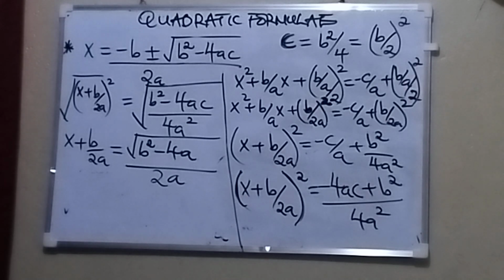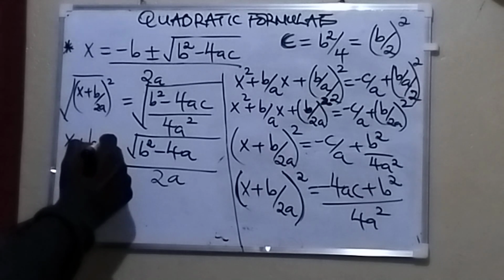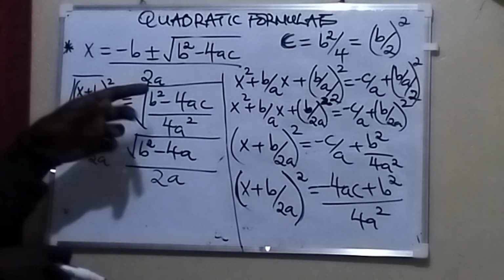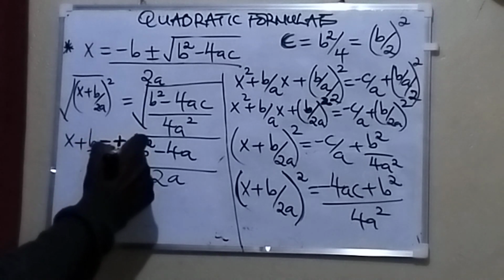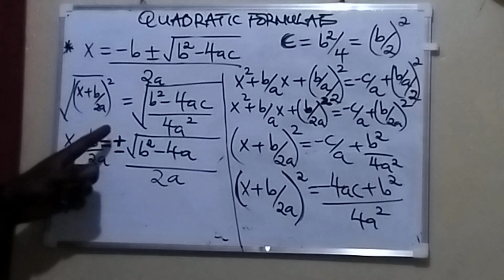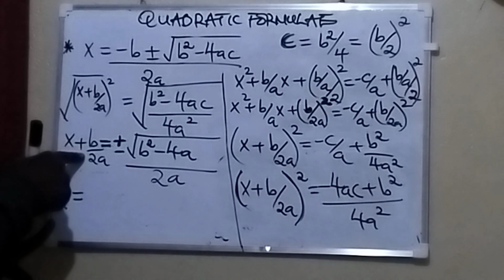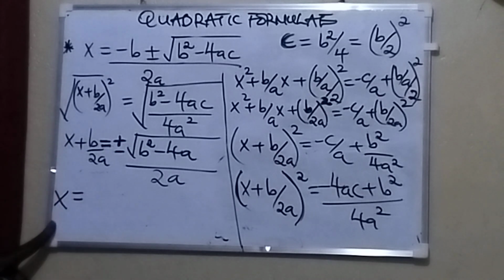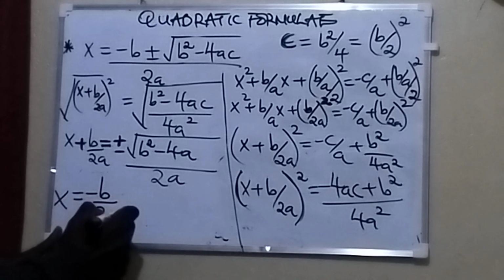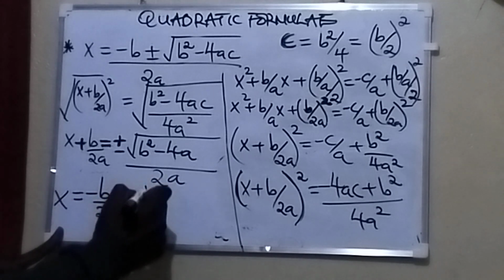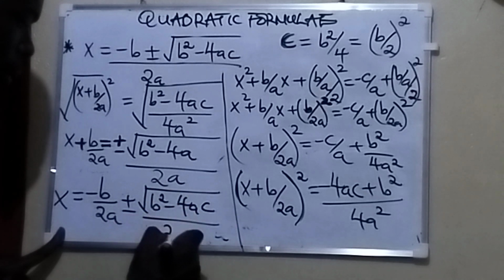Reaching this point, we know that the square root of a positive real number has two roots, a positive root and a negative root, so it will be plus or minus. Your final answer will be x is equal to, taking this term to the other side to make x the subject, negative b over 2a plus or minus the square root of b squared minus 4ac over 2a.